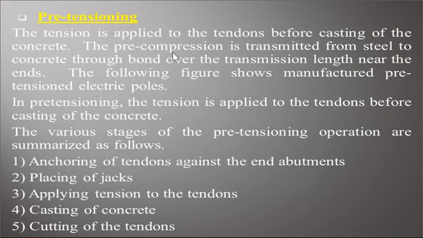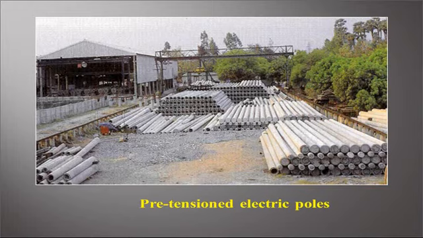The compression is transmitted from steel to concrete through bond over the transmission length near the ends. The following figure shows examples of the pre-tensioning. These are the example electric poles.